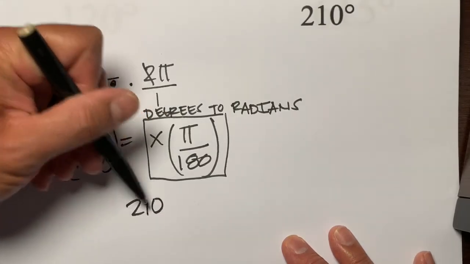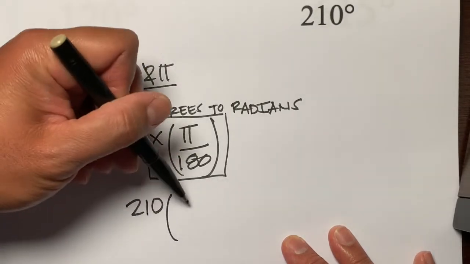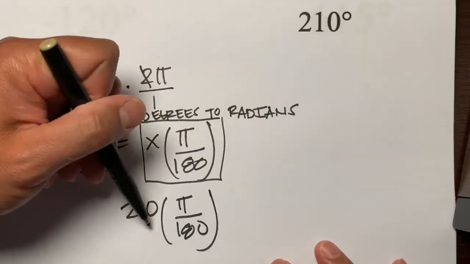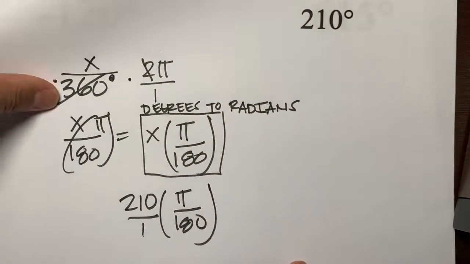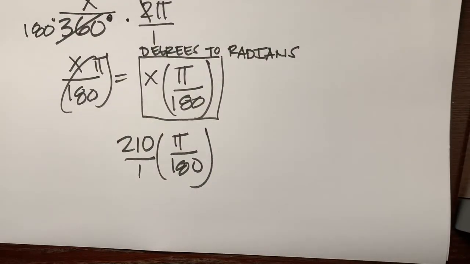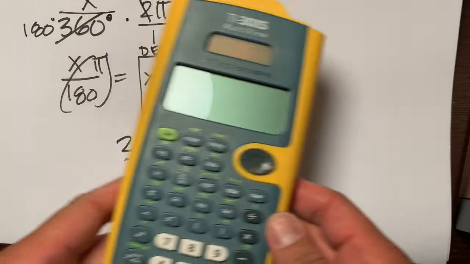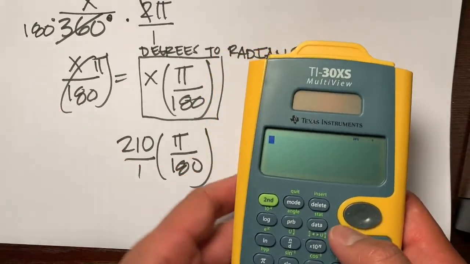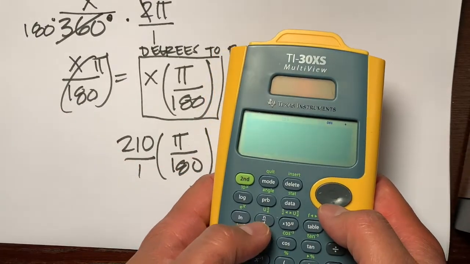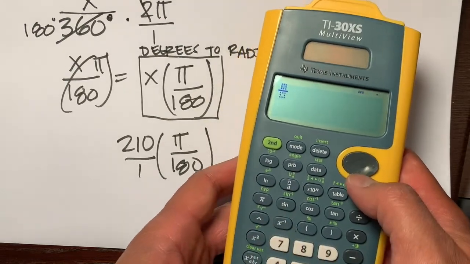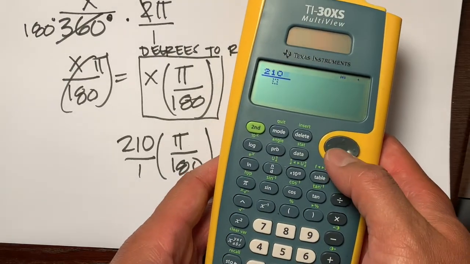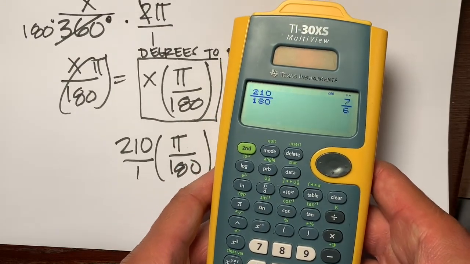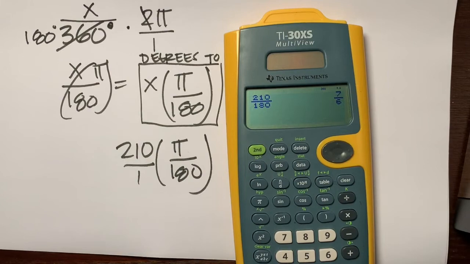So 210 times pi over 180, and I'll just put a 1 under that. Let's simplify that. Let's take our calculators. It might be getting late for you, so you may not want to think too much. Let's type in 210 over 180 and press enter, and that will give us 7/6.